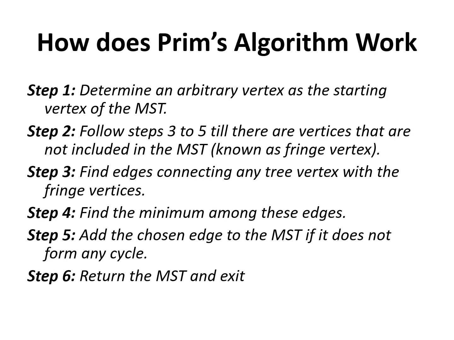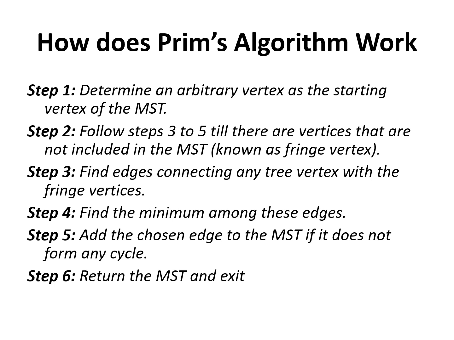Here are the procedures for Prim's algorithm to find the minimum spanning tree. Step 1, determine an arbitrary vertex as the starting vertex of the minimum spanning tree. Step 2, follow steps 3 to 5 until there are vertices that are not included in the minimum spanning tree. Step 3, find edges connecting any tree vertex with the fringe vertices.